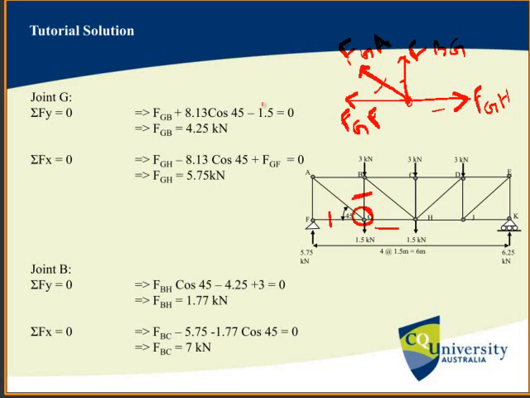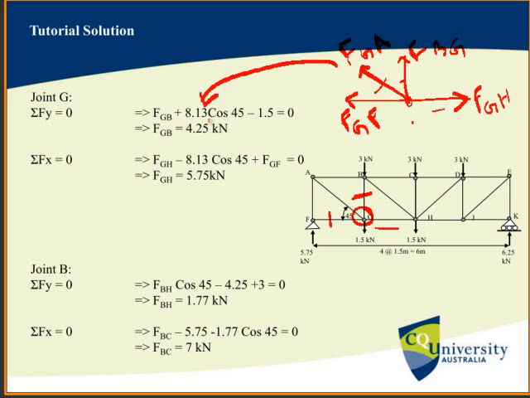Write the equilibrium equation with this figure, considering the vertical forces, summation of Fy equal to 0: FGB plus 8.13 cos 45. 8.13, we already know this value from our earlier equation, the value of FGA.